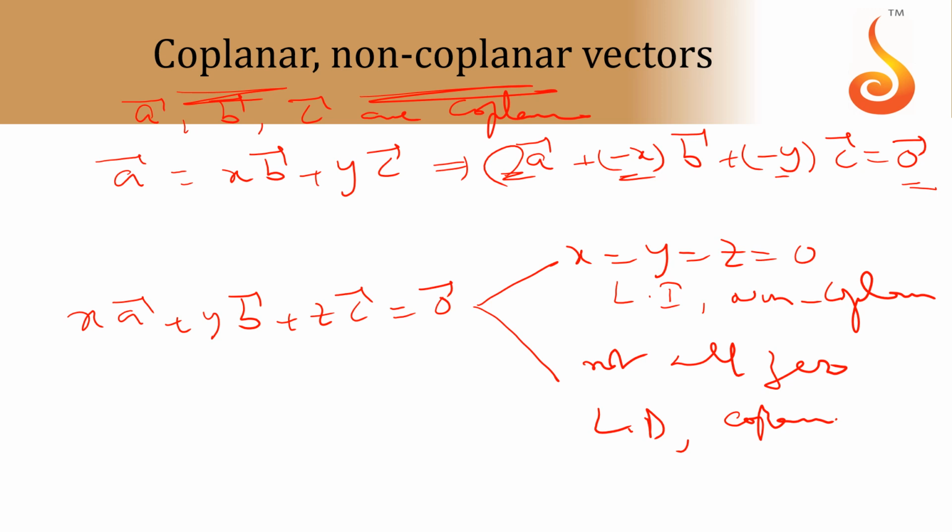So when will two vectors be LD? When they are parallel. When will three vectors be LD? When they are coplanar. When will four vectors be LD? Four vectors are always LD.